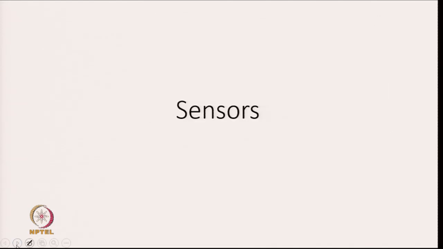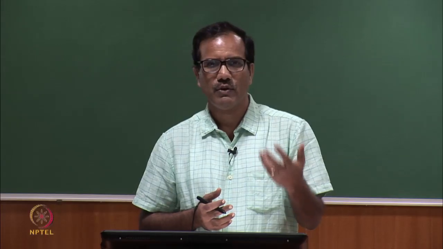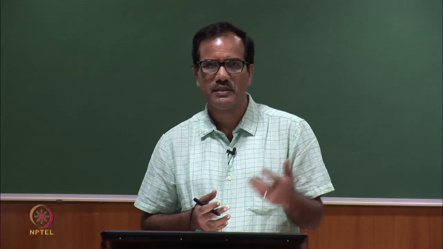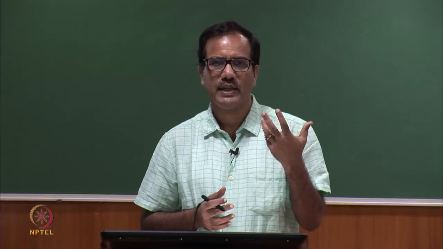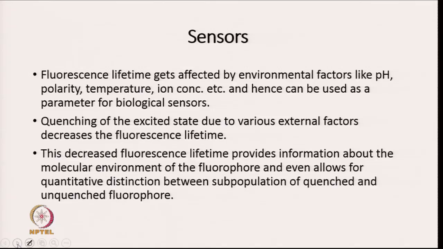Now, microscopy can also be utilized as a sensor, and we already know that fluorescence lifetime gets affected by environmental factors like pH, polarity, temperature, and ion concentration. What does that mean? pH, ion concentration or temperature is going to affect your images, and that is why they can be used as a parameter for biological sensing.